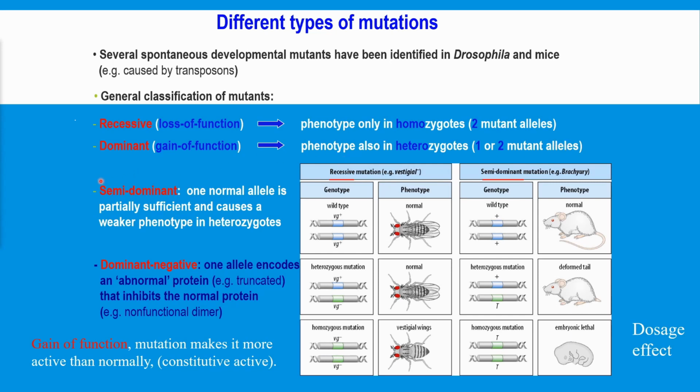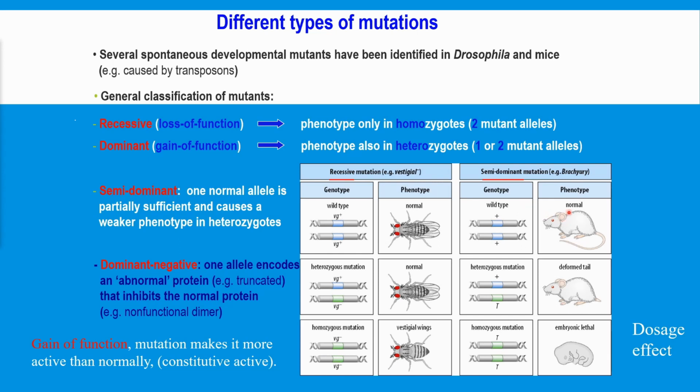Now we have semi-dominant, where one normal allele is partially sufficient and causes a weaker phenotype in the heterozygotes. Over here, we have a semi-dominant mutation in the gene brachyury, which is involved in tail length in mice.